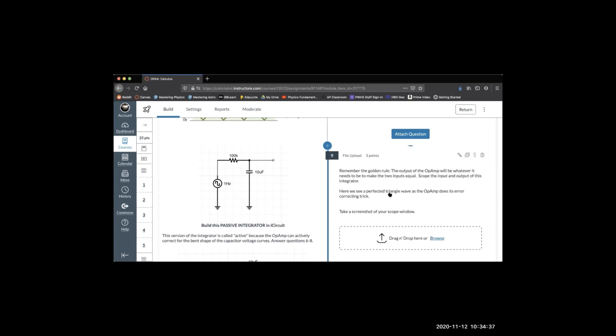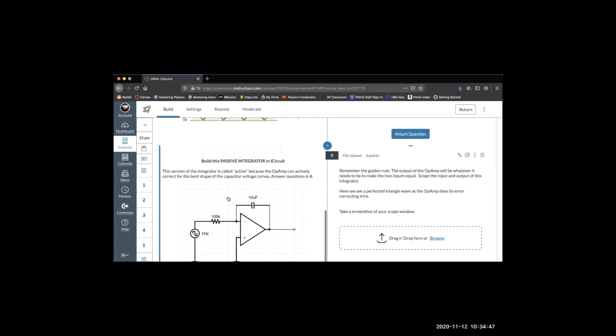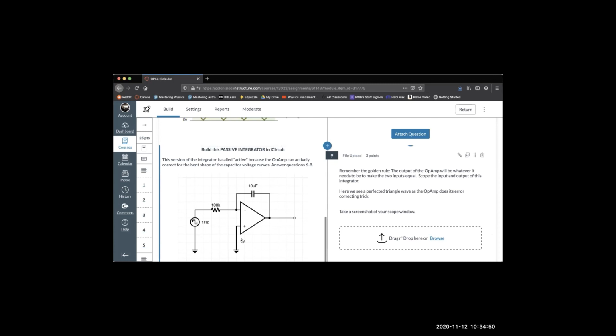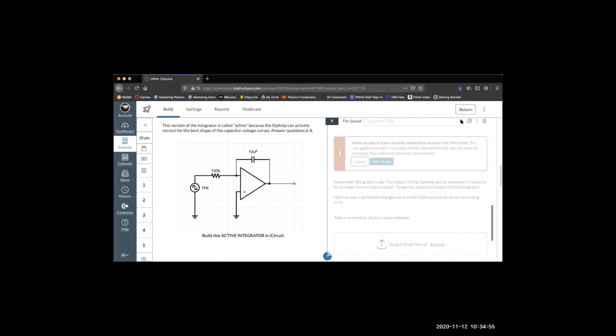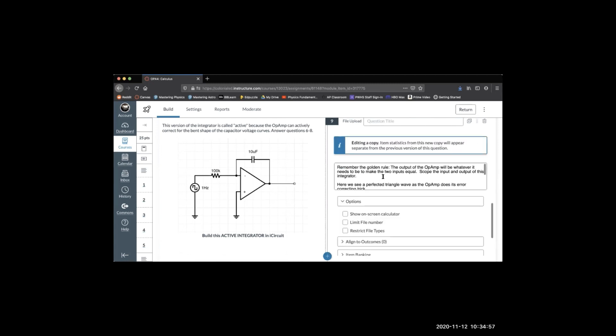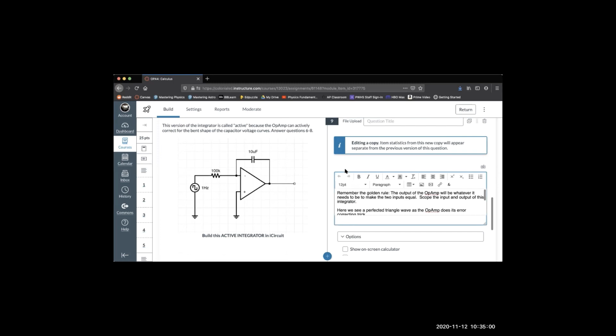Remember the golden rule, grasshopper. The output of the op amp will be whatever it needs to be to make the two inputs equal. Scope the input and output of this integrator. I should actually edit this. I mean the input and output of this active integrator. I'm not changing anything, but I should make it clear, and I've been trying to use caps to be very clear in my questioning about which particular circuit I'm talking about.